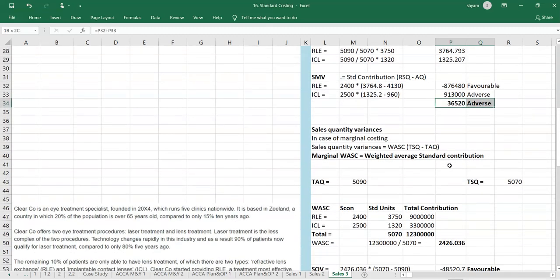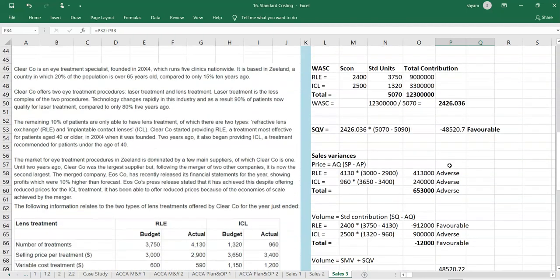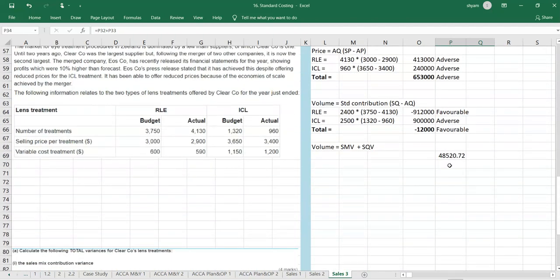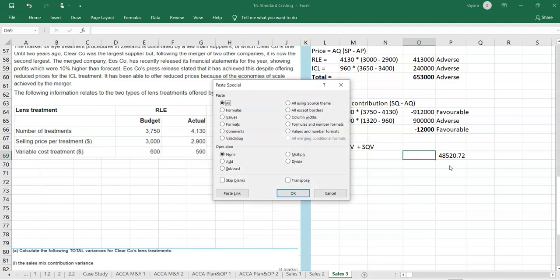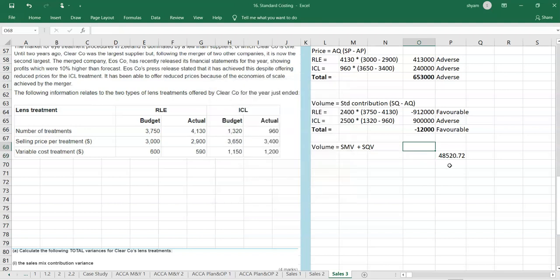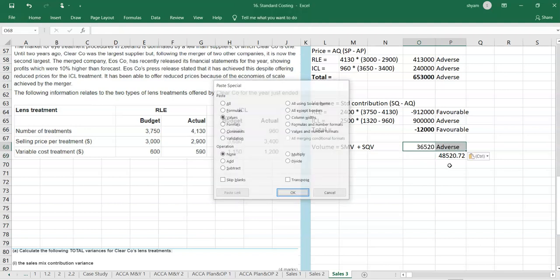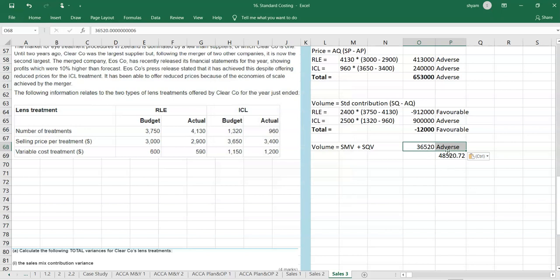As this is adverse, we'll put a negative symbol.